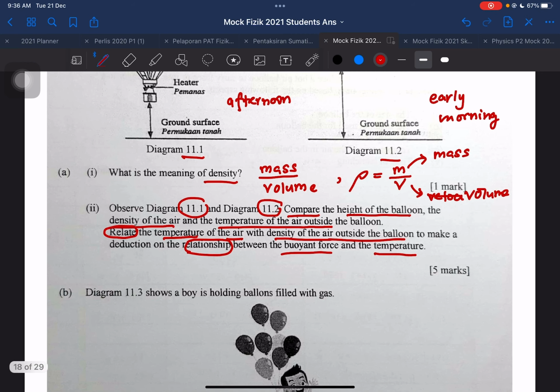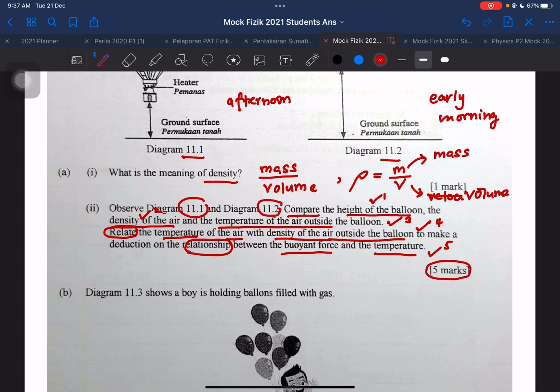So the first three here: comparing height will be the first mark, density is the second mark, temperature will be the third mark. Then relating temperature and density will be the fourth mark. Relating buoyant force and temperature will be mark number 5. So this is a 5 marks question.